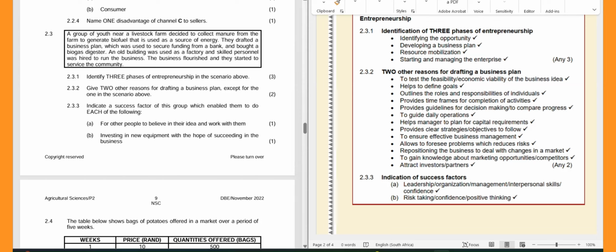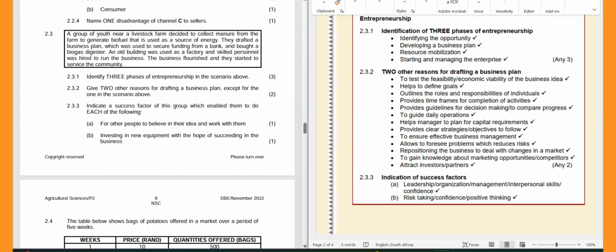They drafted a business plan, which was used to secure funding from a bank, and bought a biogas digester. An old building was used as a factory, and skilled personnel was hired to run the business. The business flourished, and they started to service the community.